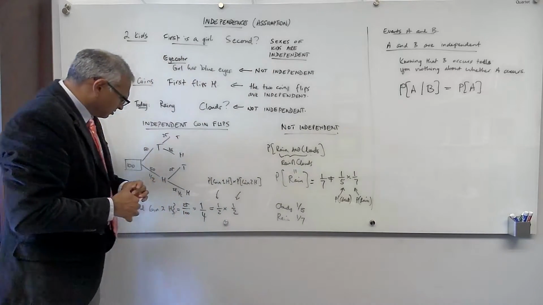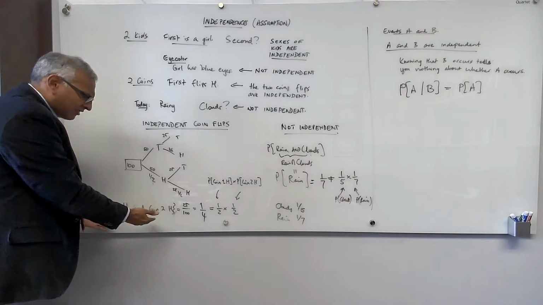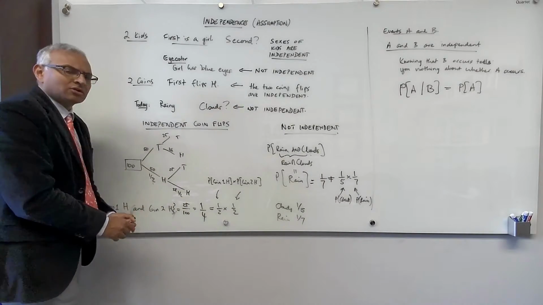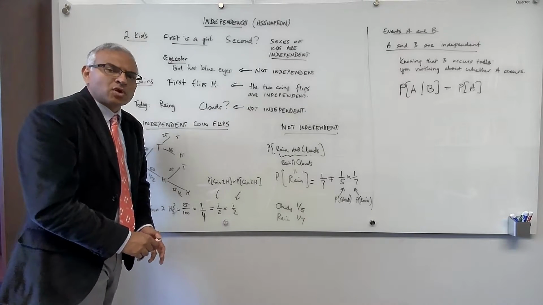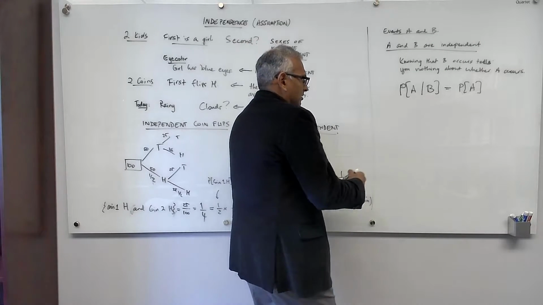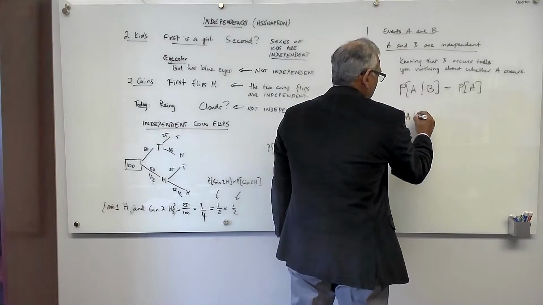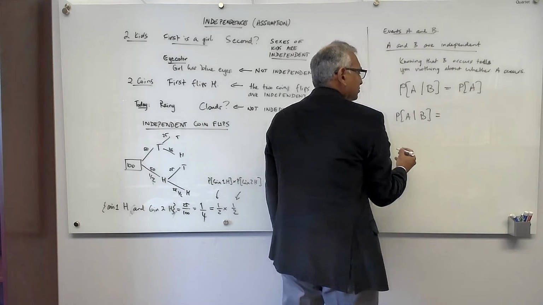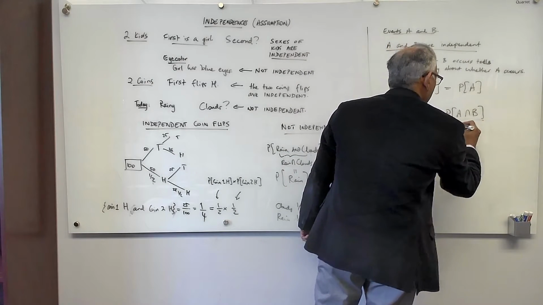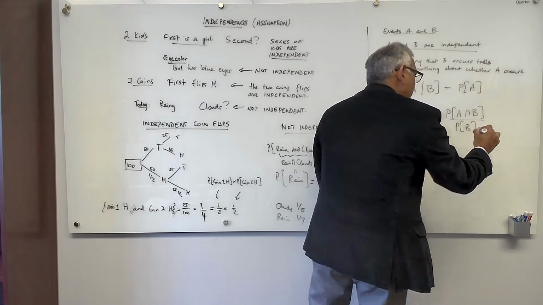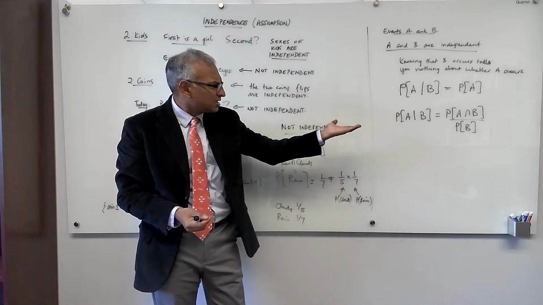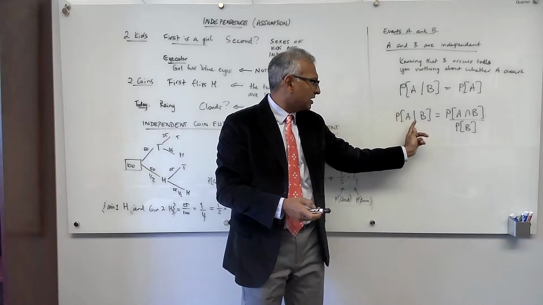Now you might say, well, we talked about the AND event multiplying probabilities. I claim that is equivalent to the statement that the probability of A and B occurring is the product of the probabilities. So let's prove that. Remember, the probability of A given B is equal to the probability of A and B divided by the probability of B. That's the definition of the conditional probability, the probability of A given new information.